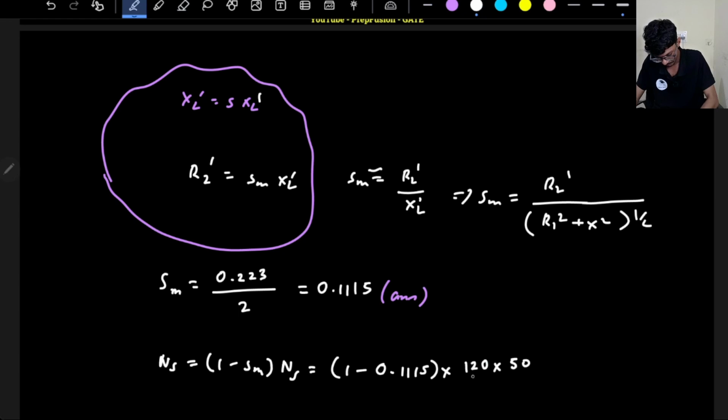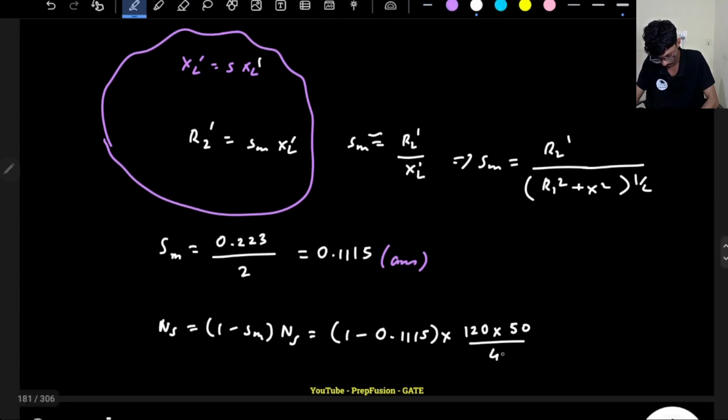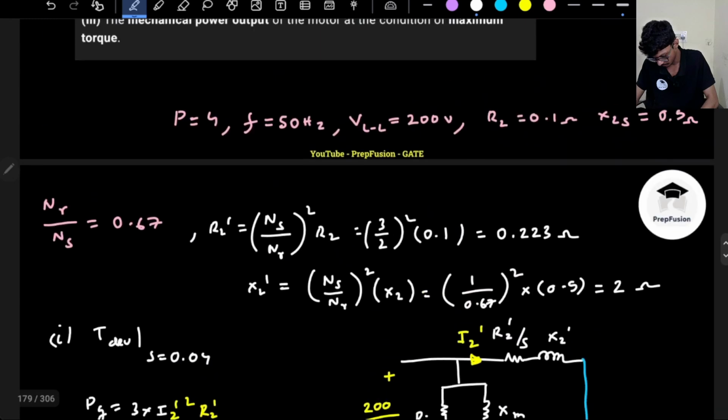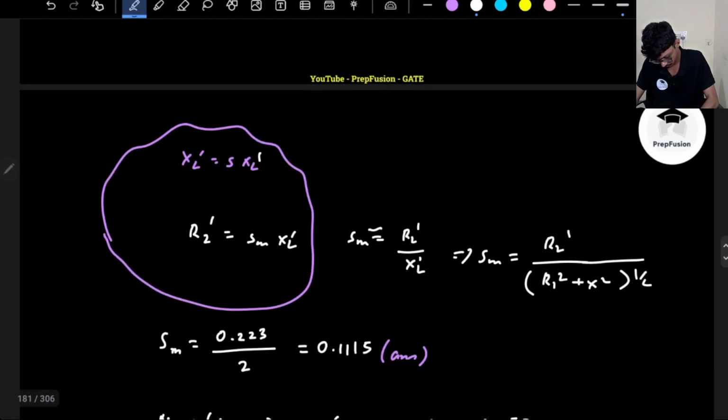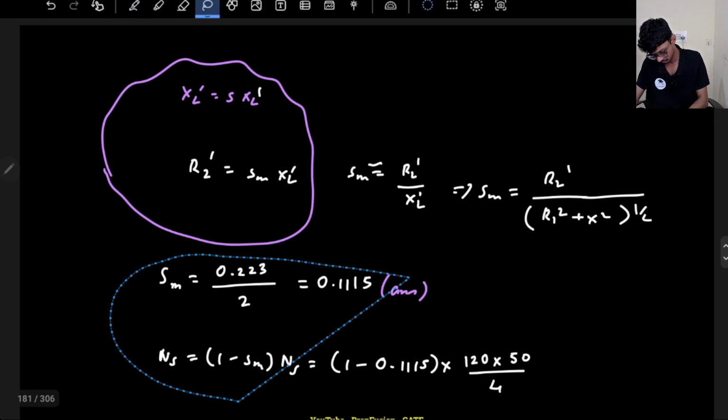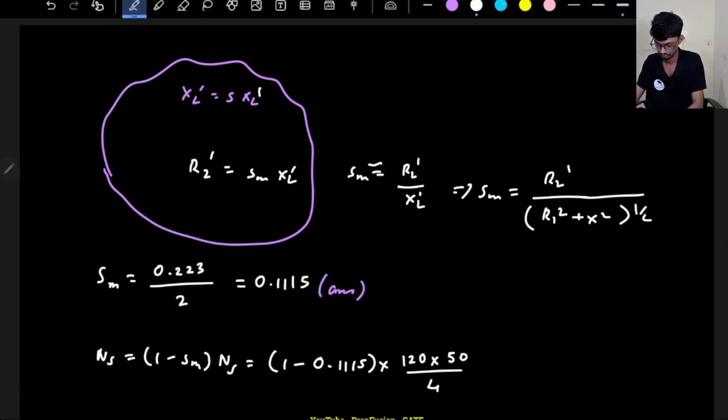F is 50, the number of poles p is 4. So this is equal to (1 minus 0.1115) into 1500, which is around 1332.75 rpm.